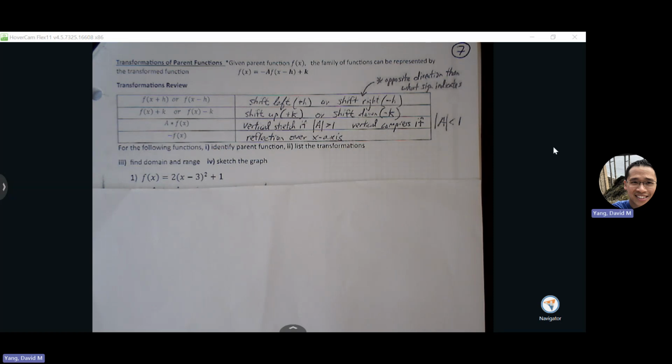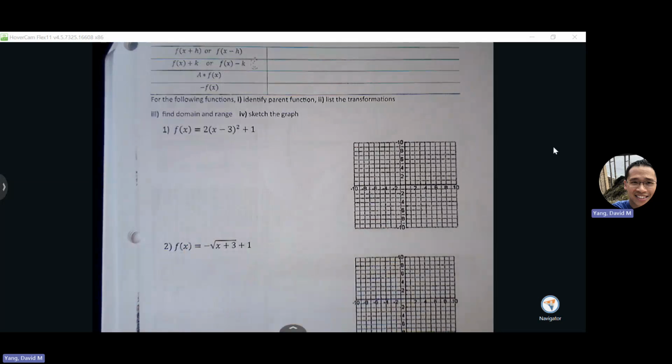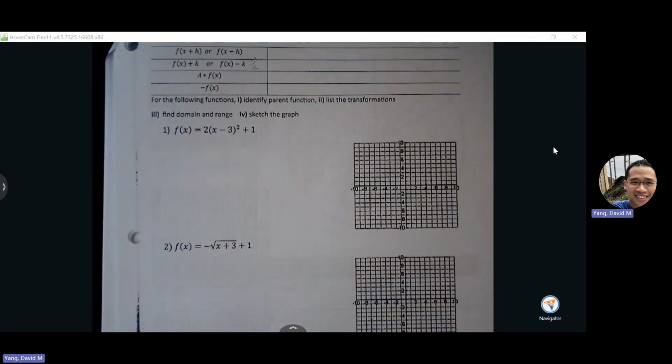Okay, let's look at number 1 here. Again, the big benefit of knowing transformations and parent graphs is that it allows us to sketch the graph quickly. It may not be super accurate, but it's enough for us to get an idea of the graph.